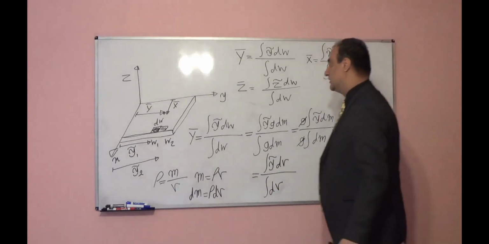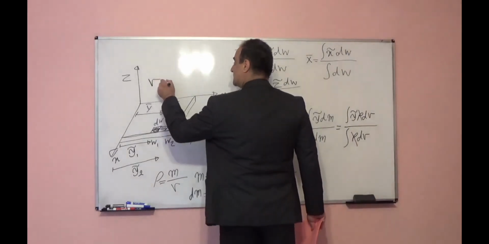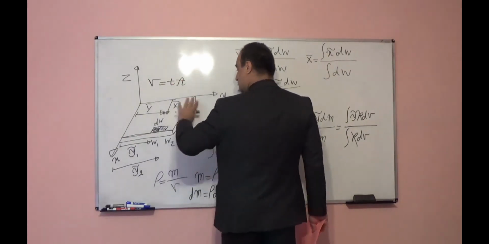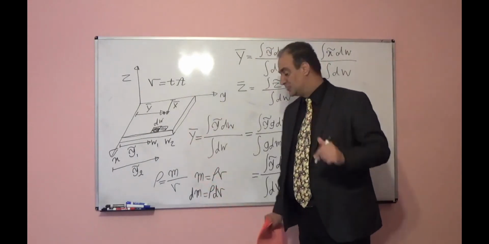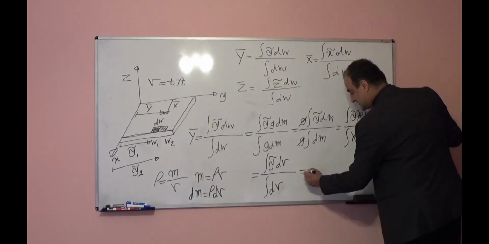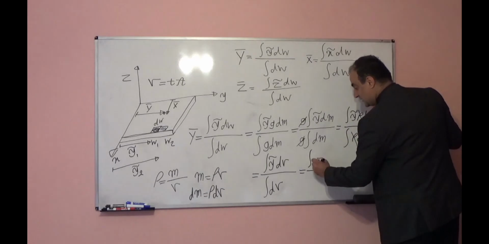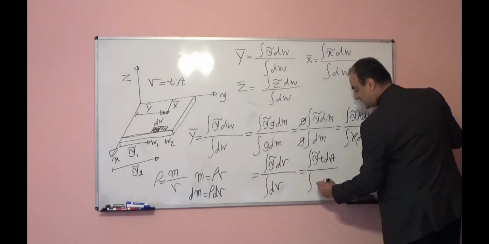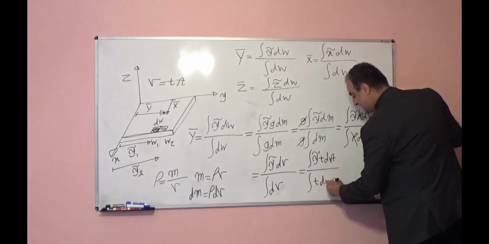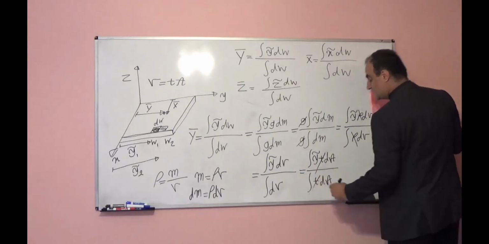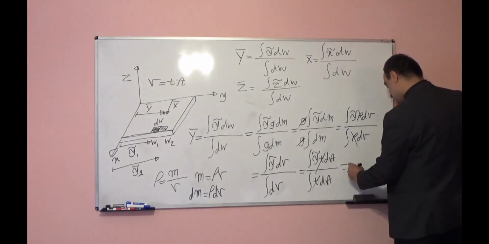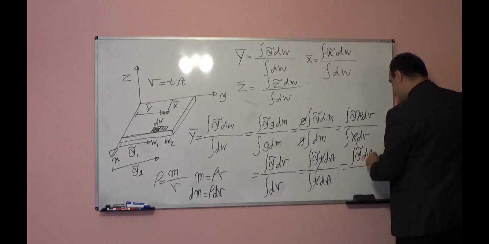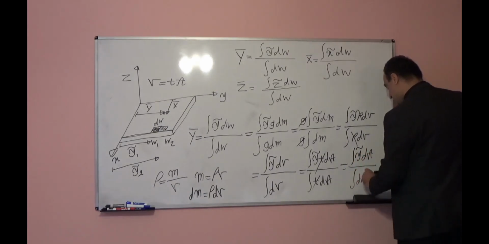What is the volume? Volume is equal to thickness times area. If the thickness for this plate, for this object, is uniform, I can write this as y tilde thickness times dA divided by thickness times dA, because thickness is uniform T, they will cancel out. This will be equal to integration of y tilde dA divided by integration of dA.